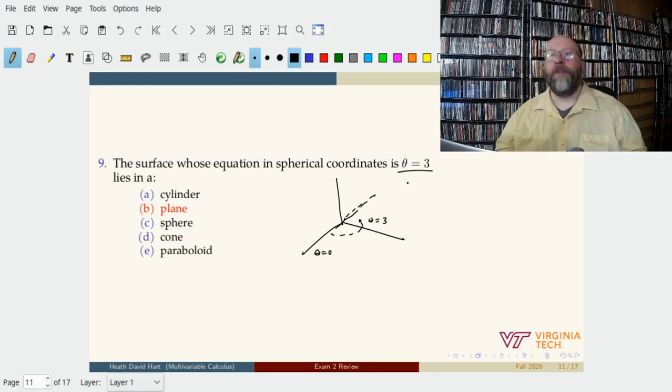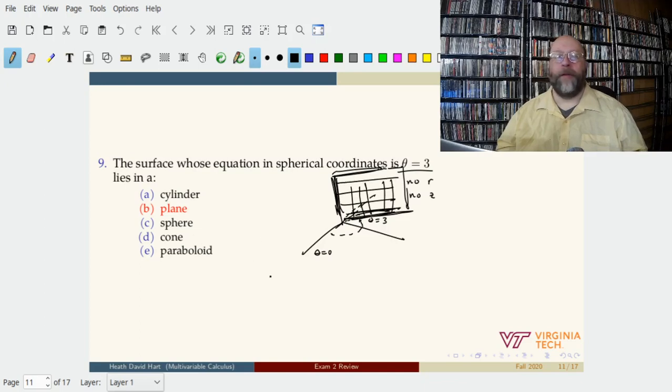What's missing from this equation is there is no r and no z. So along this angle, we can go out any radius we want and any height we want. We can go as far out along this angle as we want and as far up as we want, and so we are generating a plane.